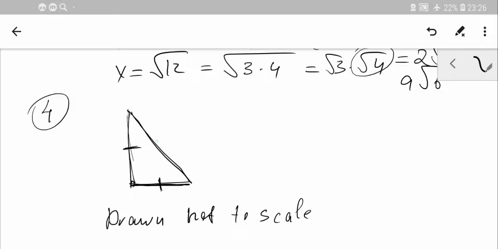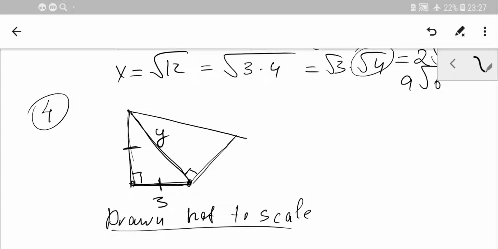We have, let's say, a known value, 3, we have an unknown value, the hypotenuse, and we have another right angle triangle. For example, something like this that goes this way, all right? So this angle is 90 degrees, this angle is 90 degrees. Okay, if they mark like 90, okay, that's good. Even if it's drawn not to scale, you know that angle is 90 degrees.